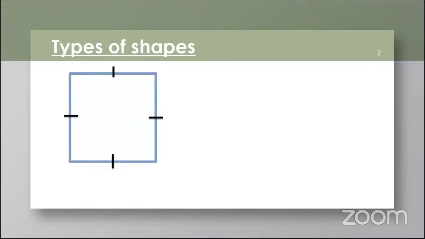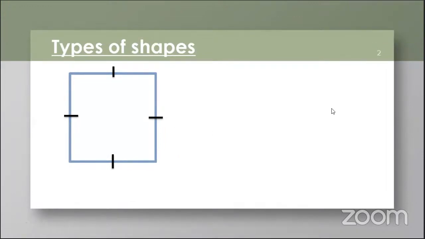It has 4 equal sides. So when you say it has 4 equal sides, what do you mean? It shows that it is a square. Mute yourself, Joanita. Thank you for your answer.